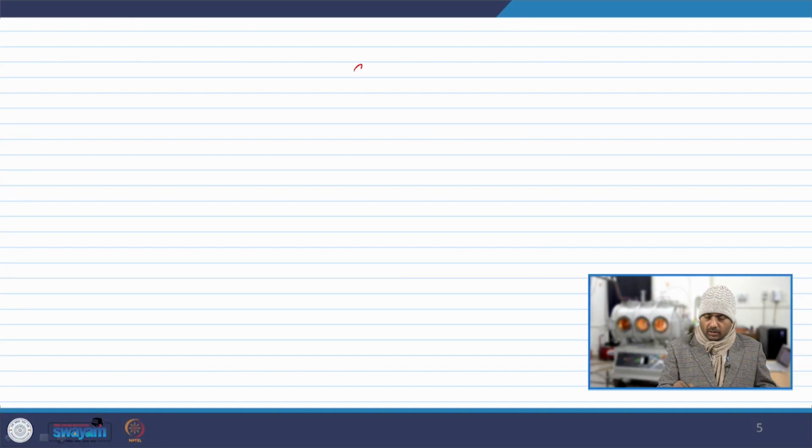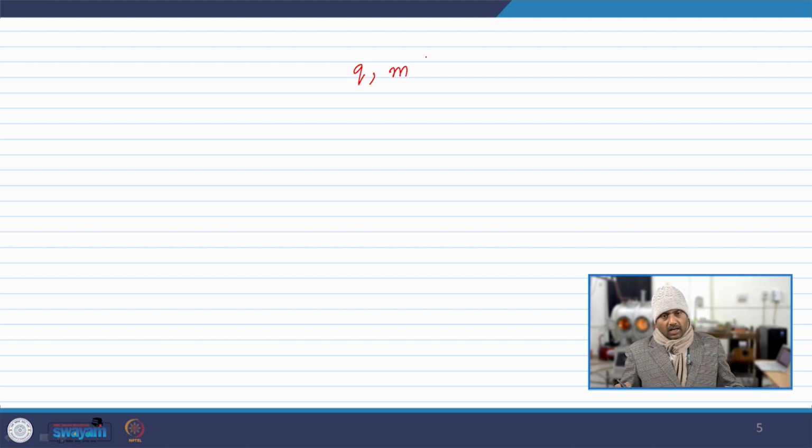One more very important conclusion is, Q is just the charge, the mass m is there, right. So, we take both the charges, at least in the magnitudes, to be the same, electron and a singly ionized species. So, the charge is same, polarity is different, but charge is same.